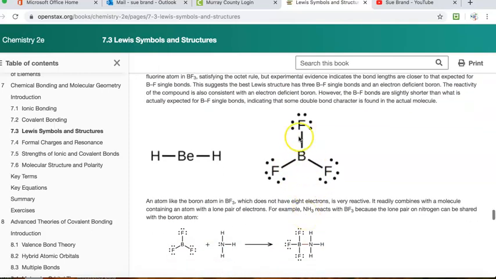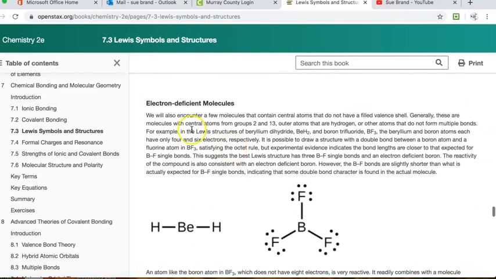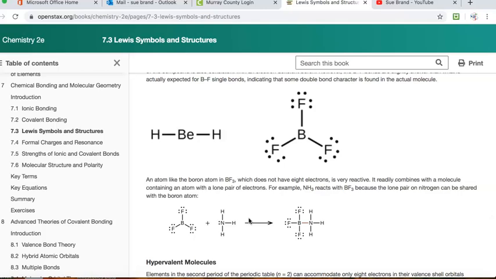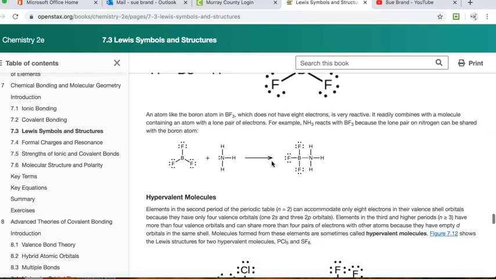And so you don't have 8 around it either. So these are electron deficient molecules. When you start to do these, it's going to be pretty natural. If you notice, halogens hardly ever make double bonds, if ever. So just keep that in mind.